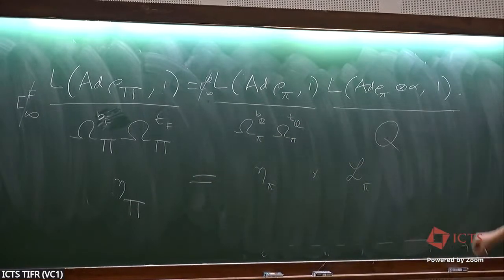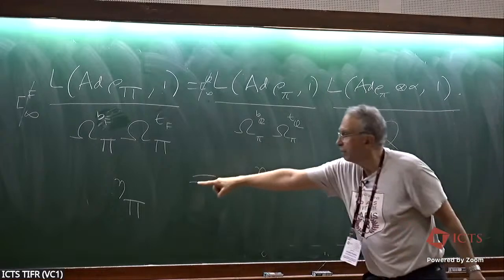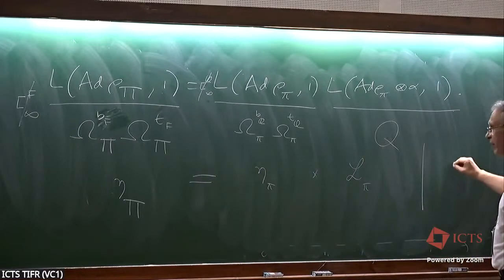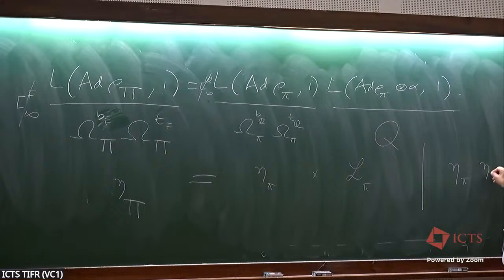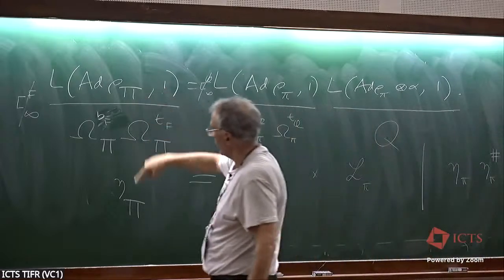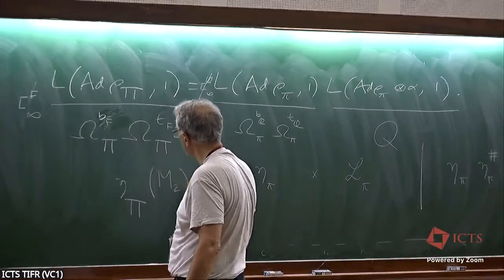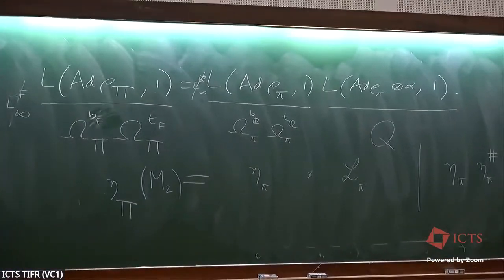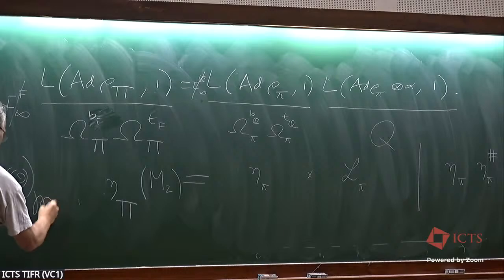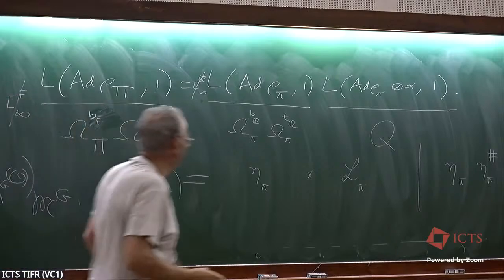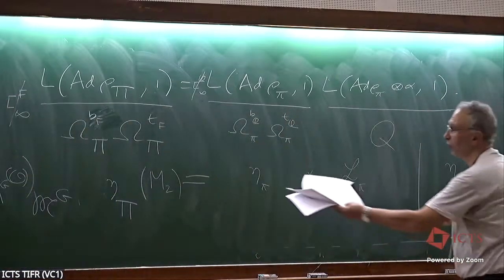Now I use the divisibility that I mentioned before. This divides eta pi times eta pi sharp. Of course, this is eta pi of M2. M2 will be H top of Y_G, V lambda, G O localized at M_G.